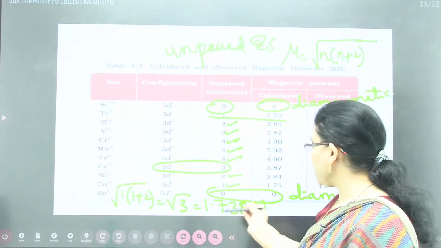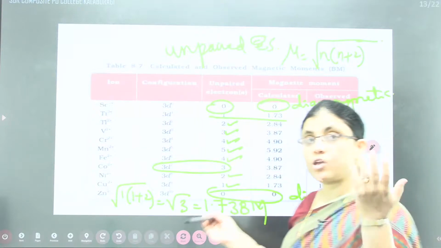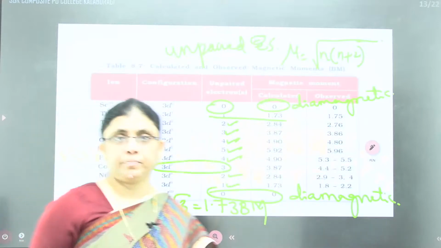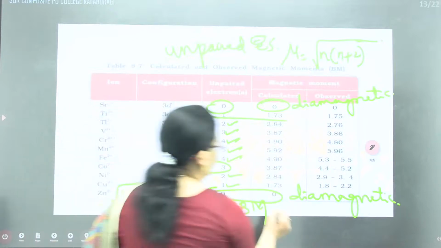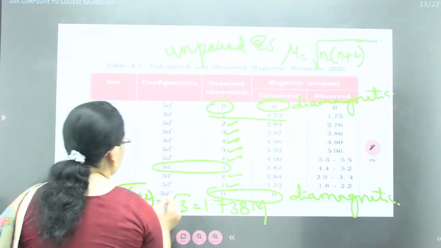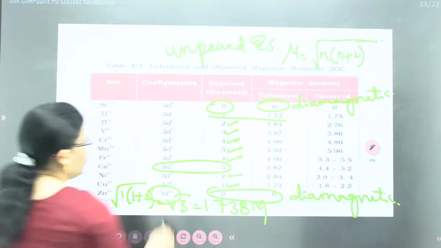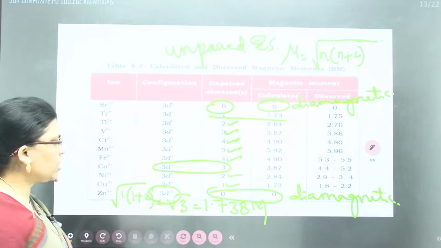Another point we can write with respect to ionization enthalpy, which we also said: highest ionization enthalpy for zinc, around 908. Whereas if you see the number of unpaired electrons for zinc, the electronic configuration will be 3d10. All these are decided on the basis of electronic configuration only.